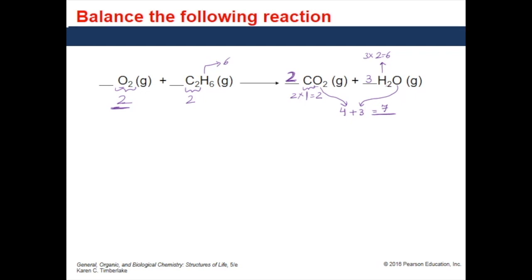Now how do I multiply this oxygen 2 by a number so that I can get it equal to 7? If you think of this, the final number I want is 7. Number of atoms, remember, was coefficient times the subscript.